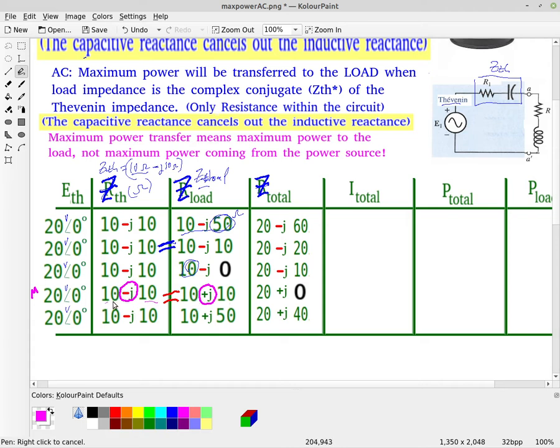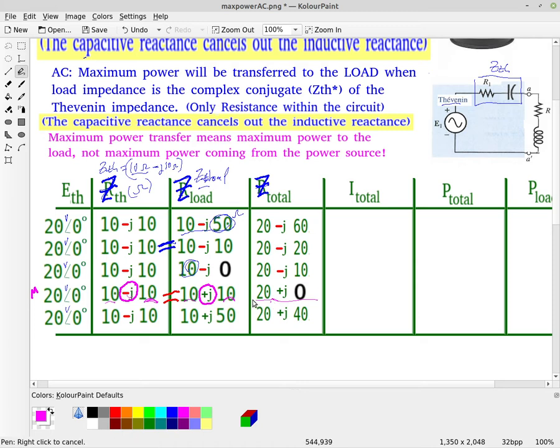So when R Thevenin and R load are equal, and when the reactance X Thevenin is the opposite of the load reactance. Okay, and that's the conjugate. So the conjugate says if you got a minus J in your Thevenin, you need to have a plus J in there. So this is what they're telling us the maximum is going to be right here.